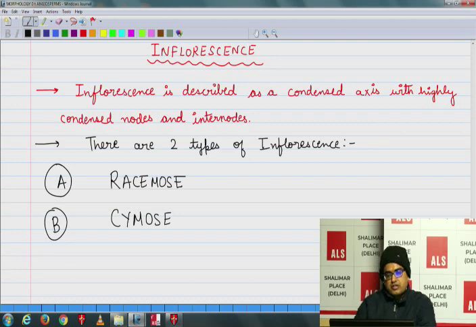Now, what is the racemose inflorescence?